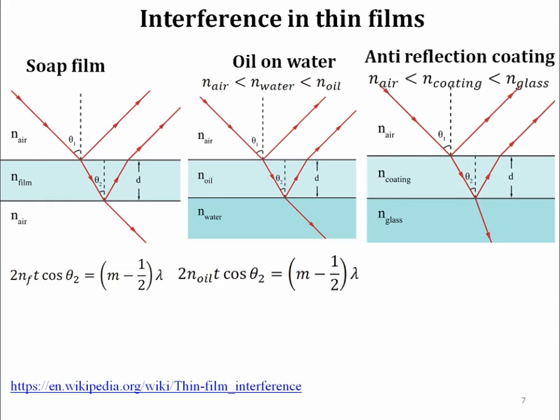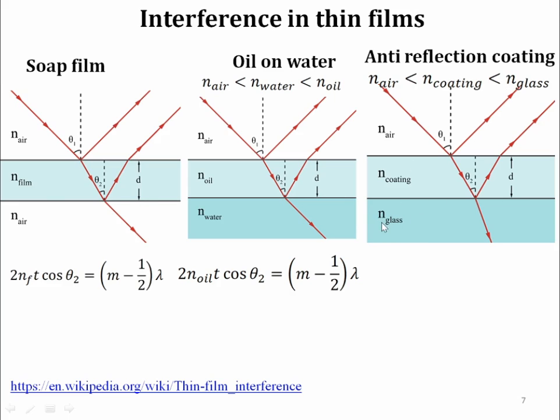This is something different, what is usually seen in anti-reflection coatings. Basically in anti-reflection coatings what we have is glass. Suppose your eyeglasses usually have an anti-reflection coating, or even computer screens do have anti-reflection coating, some of them. In that case the refractive index of glass is the highest.